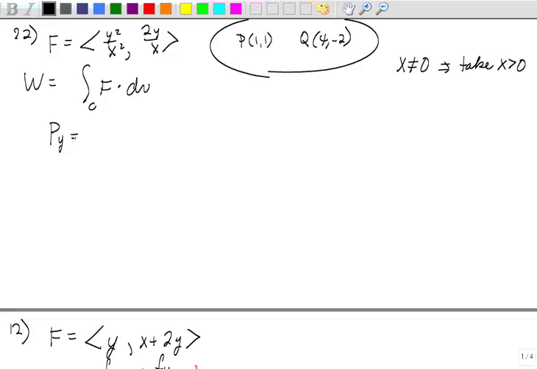P of y is 2y over x squared. Q of x is negative 2y over x squared, with another negative, because the derivative of 1 over x is negative 1 over x squared, and those are equal, so it's conservative.